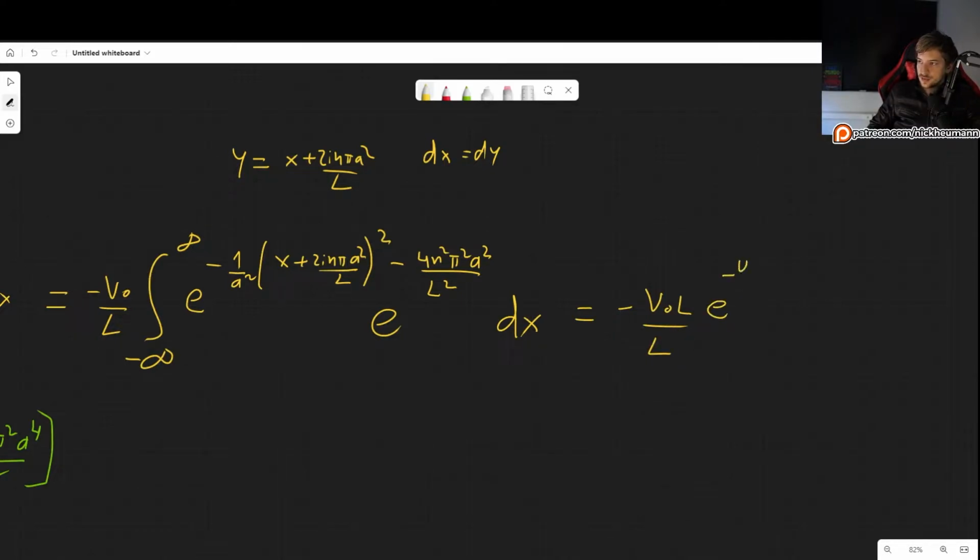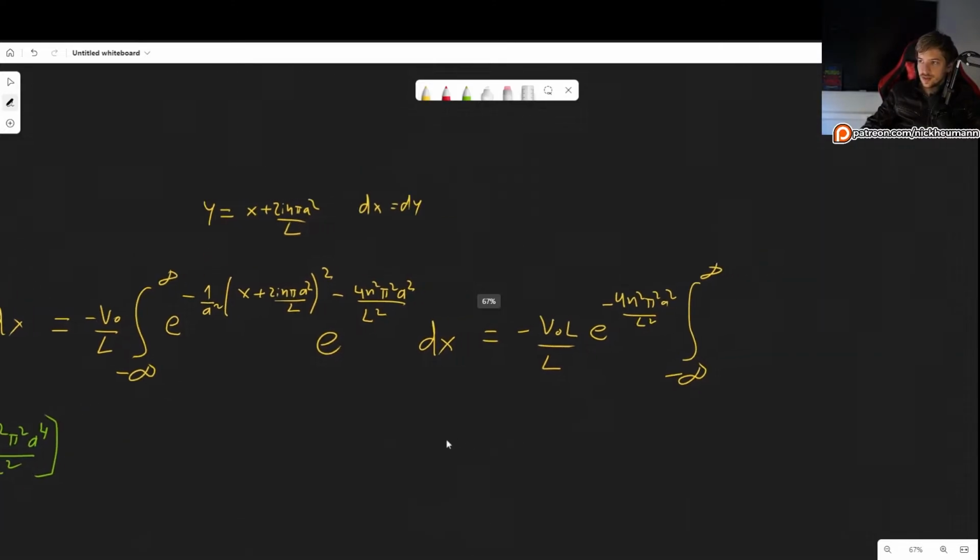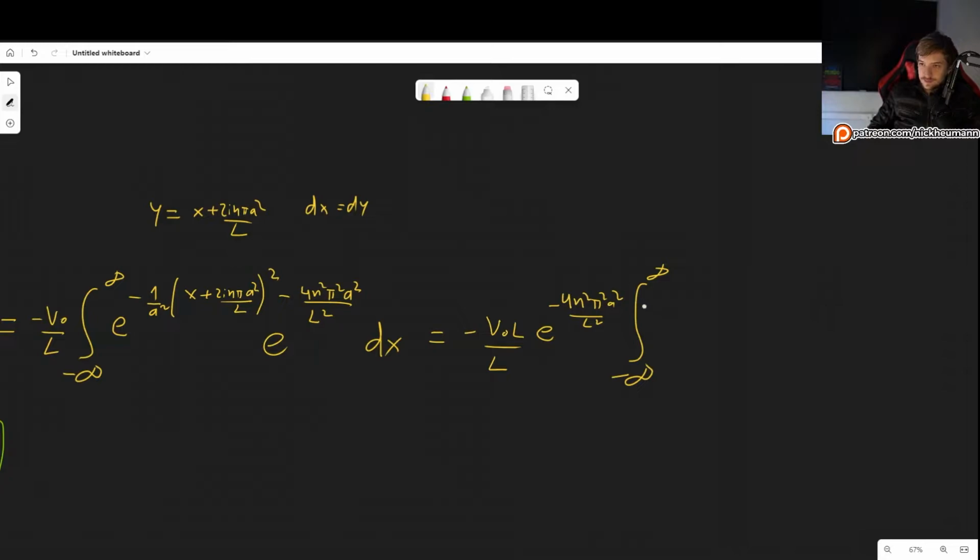So we get e to the minus 4n squared pi squared a squared over L squared. And then we have the integral. The limits are unchanged. They still go all the way to infinity. And then we have e to the minus y squared over a squared and dy.